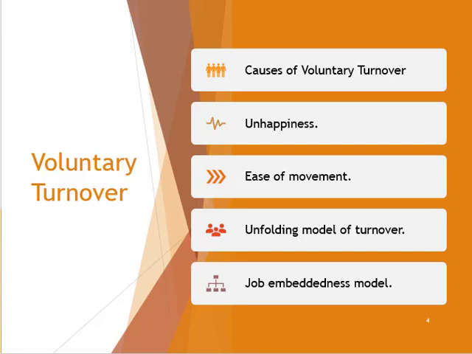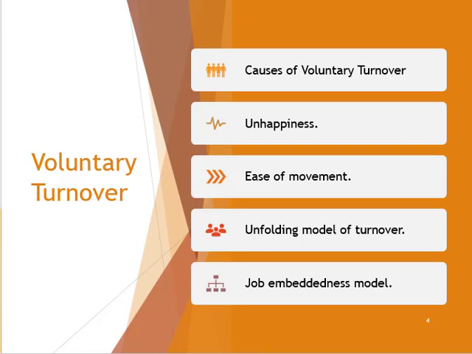The unfolding model of turnover suggests that there are key critical incidents or changes, such as organizational restructuring or personal life events, that can disrupt an employee's feelings about the organization or their role and prompt them to reassess their current job and consider leaving for a different job.